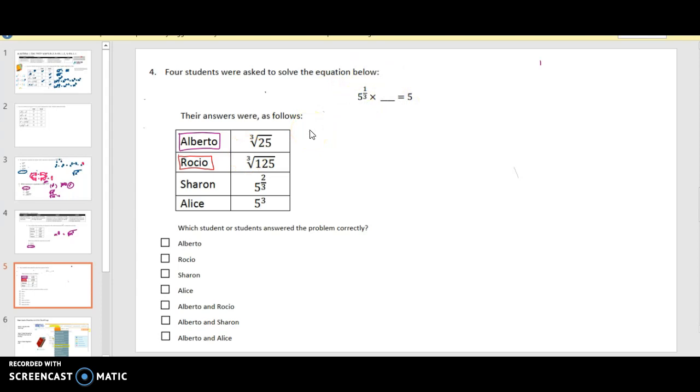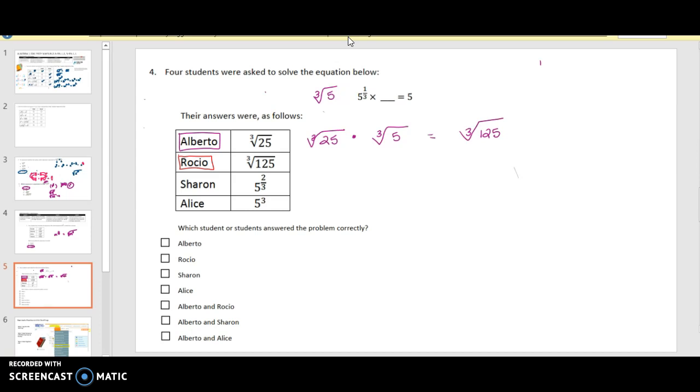So what I'm going to do is change 5 to the 1/3 to the cube root of 5, because it's easier. So when you have the cube root of 25 times the cube root of 5, when you have the same exact root, you keep that root and just multiply what's underneath the radical. So 25 times 5 is 125.